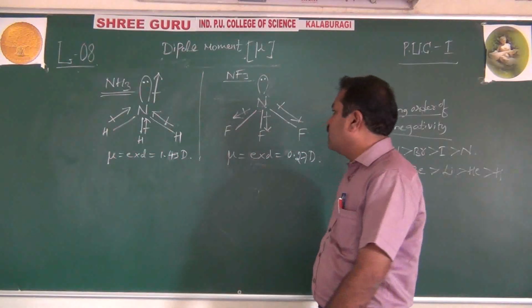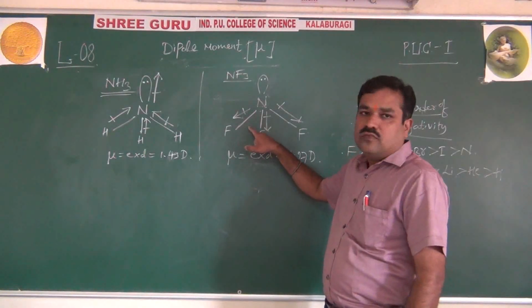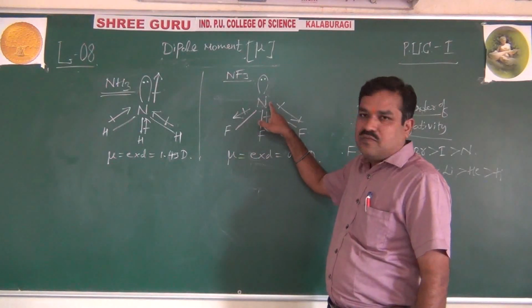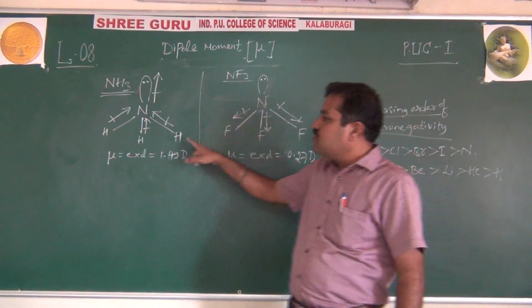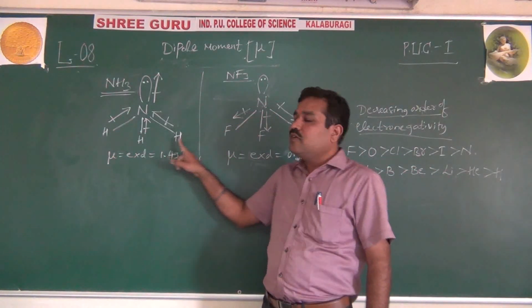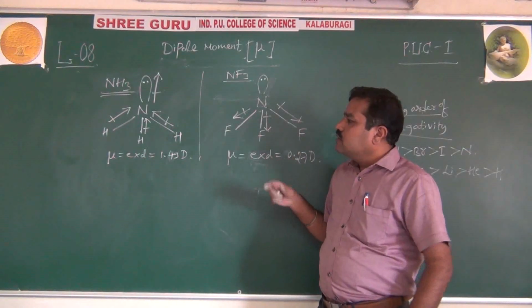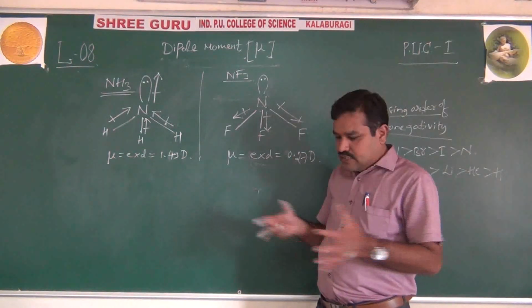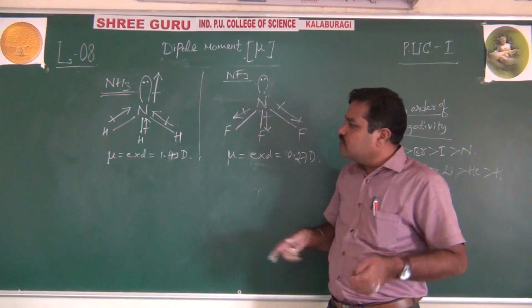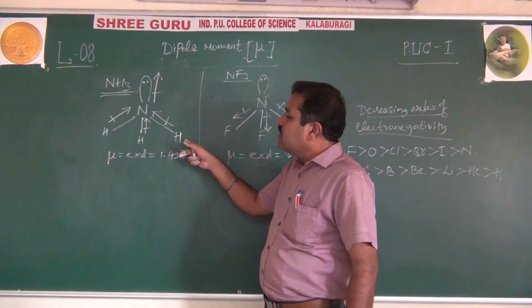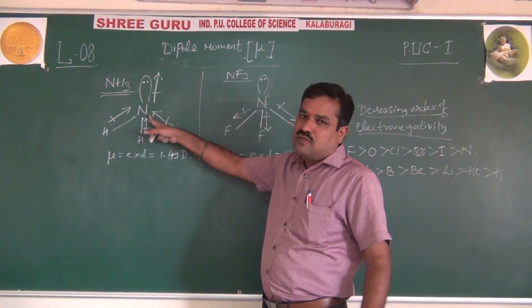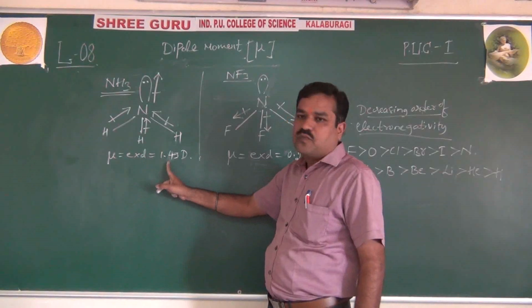That depends upon the atoms surrounding the central atom. Hydrogen is less electronegative, whereas fluorine is more electronegative. If the surrounding atoms are less electronegative, they will give the electrons to the nitrogen. That's why the mu value will be more.